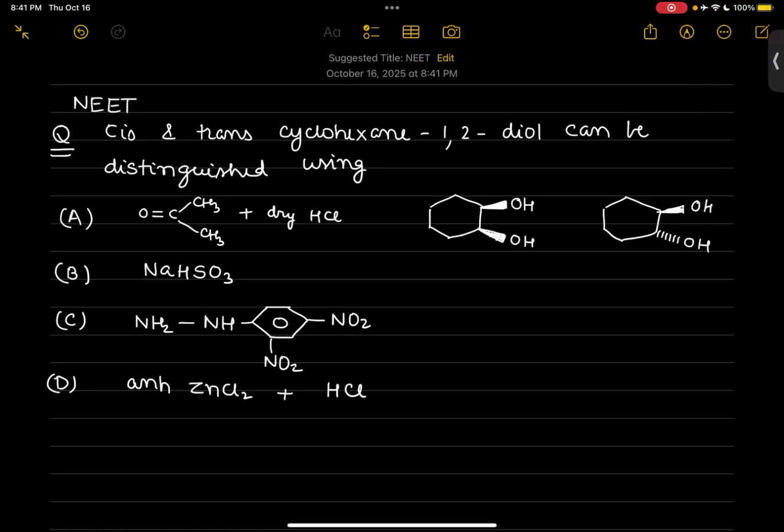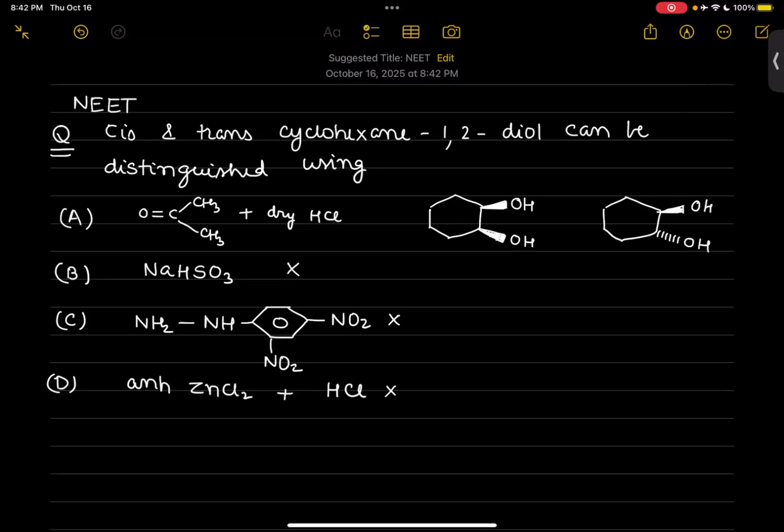So these are the two molecules, and how can they be distinguished? These are alcohols. First of all, two of these reagents are totally rejected because alcohols do not react with NaHSO3, neither do they react with 2,4-DNP, which is option C. Alcohols can react with anhydrous ZnCl2 and HCl, and that lets us decide whether it is a primary, secondary, or tertiary alcohol.